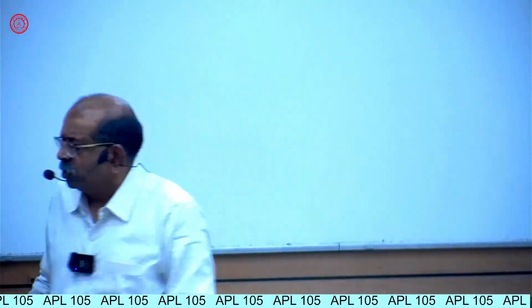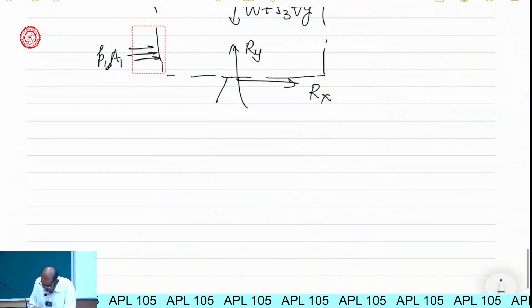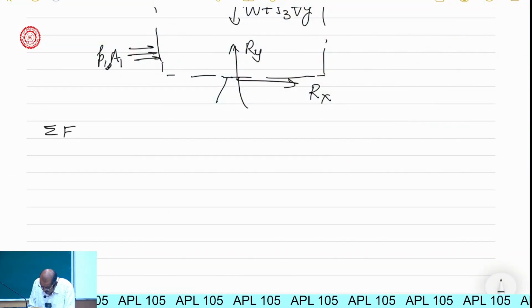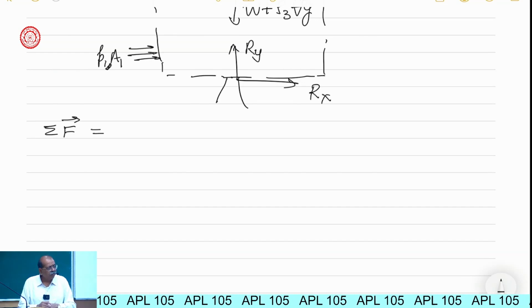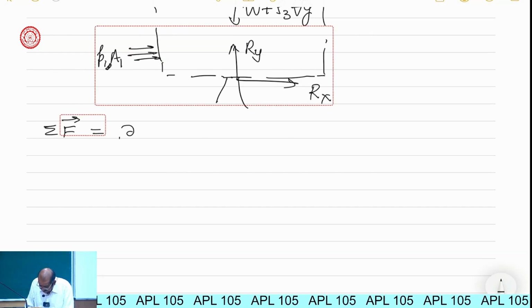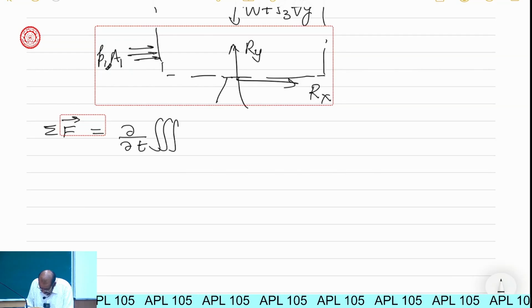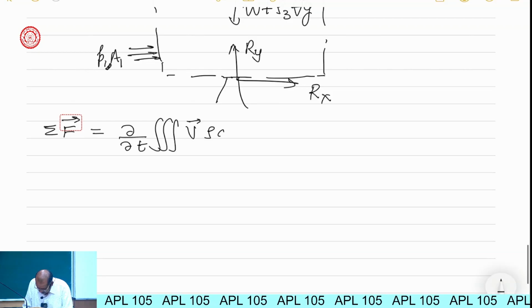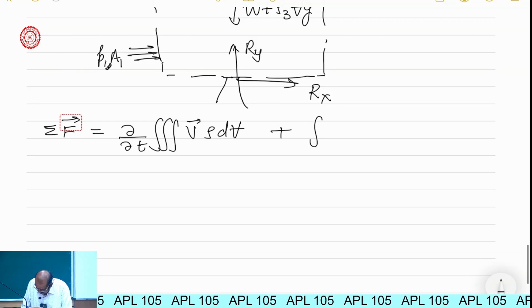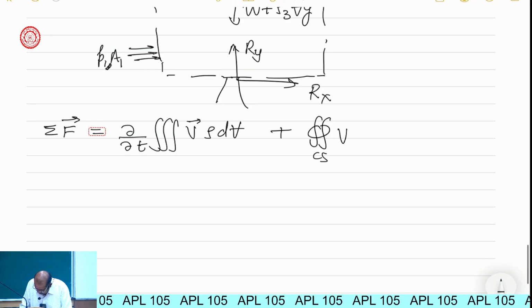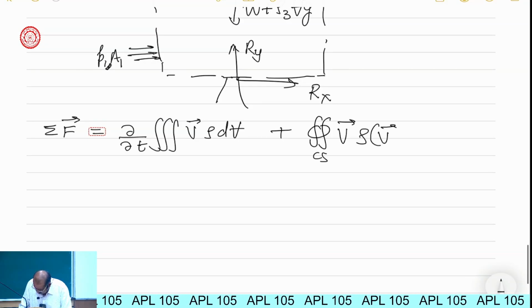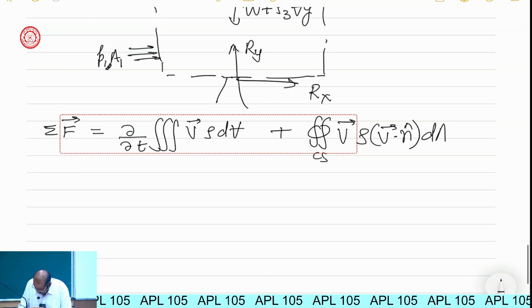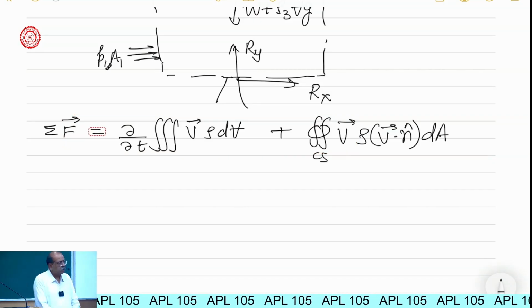Okay? Is that clear? Then what do you do? You take your equation that sum of forces is equal to... okay, this is your force equation.